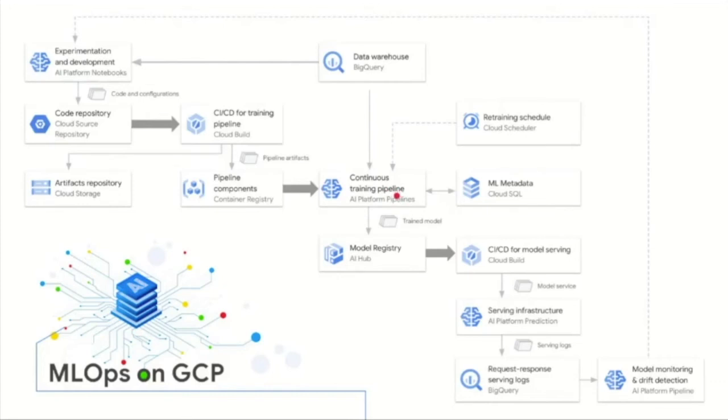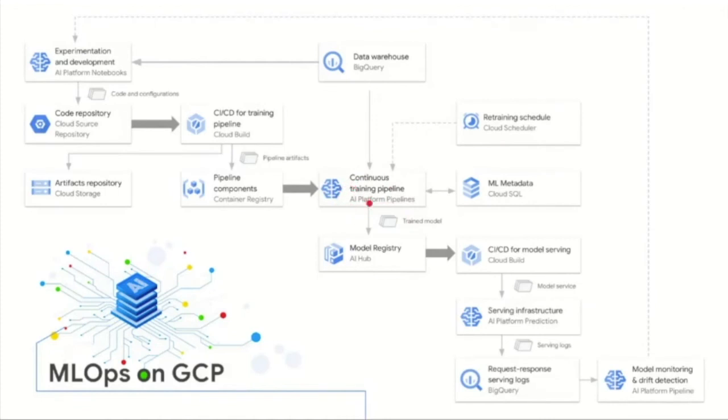Might be parameters for the model, like if it's a neural network, how many neurons and layers to use, for example. The pipeline runs, it pulls data from BigQuery, the data warehouse, as we said. The pipeline, of course, runs perhaps based on a trigger, a scheduler. So you might use Cloud Scheduler here to schedule executions of this pipeline.